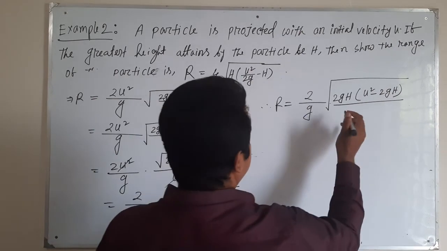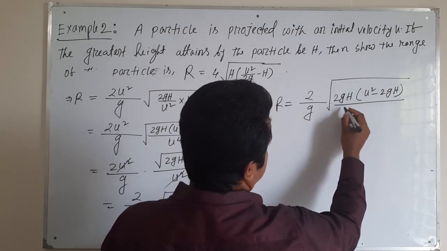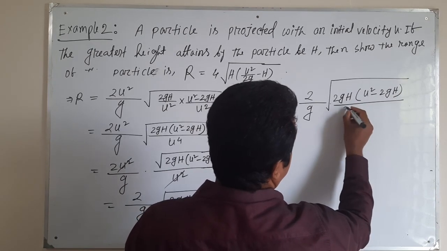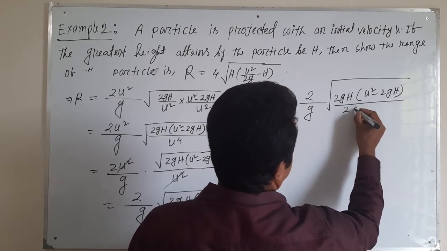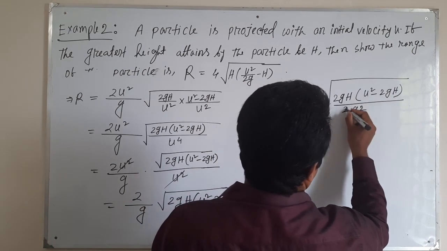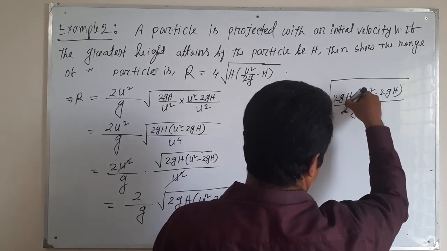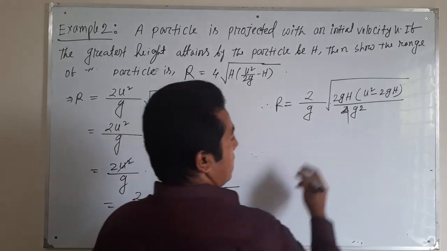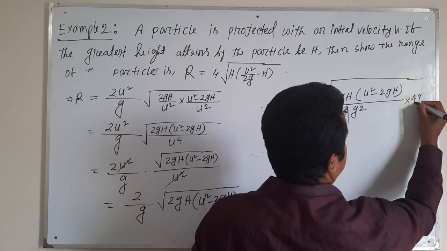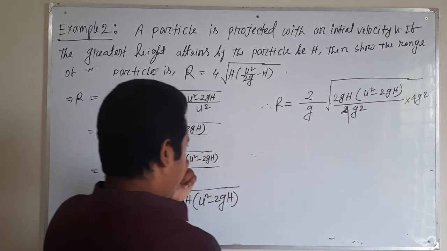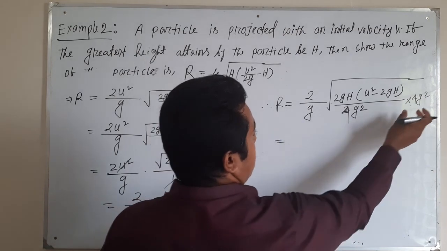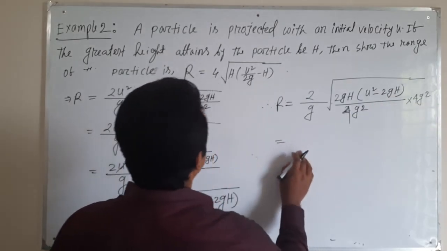For this we have to divide it by 2g square. We have to divide it by 4g square and into 4g square. Okay, then it will be 2g.